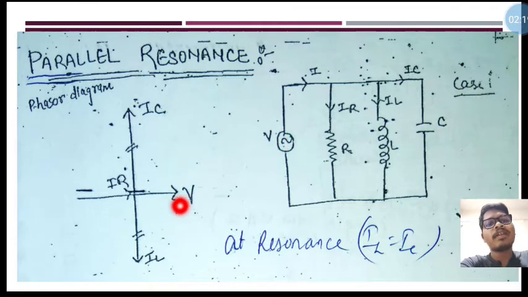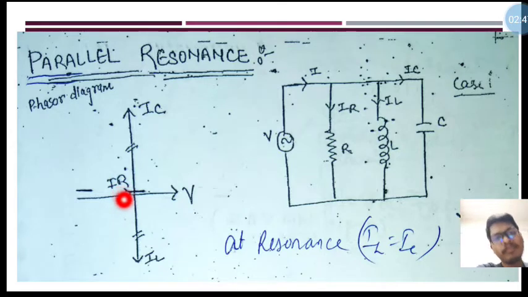So this is the voltage, which we take as reference in the x-axis direction. In the case of resistance, the current phasor and voltage phasor are in phase with each other, so the phase angle is equal to 0. This is the magnitude and direction of IR, the current across the resistance.